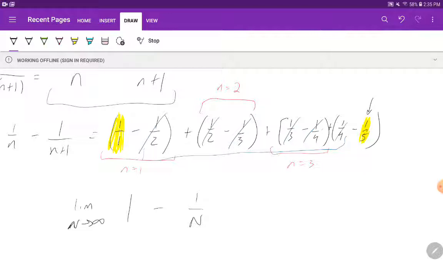And here's the cool thing: since we're taking the limit of the partial sums, you're going to hear that a lot, the limit of the partial sums. Since we get something convergent, this is actually what the series itself converges to.